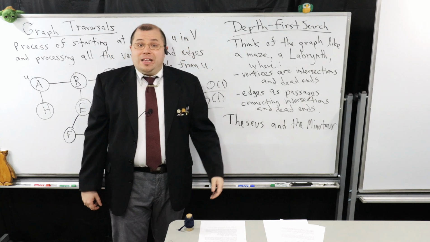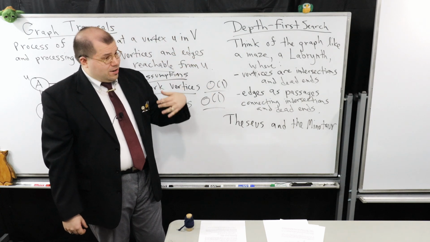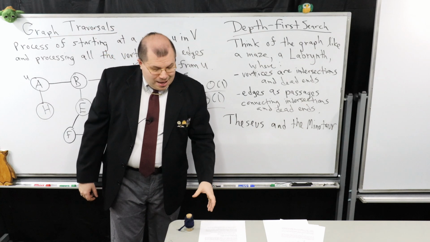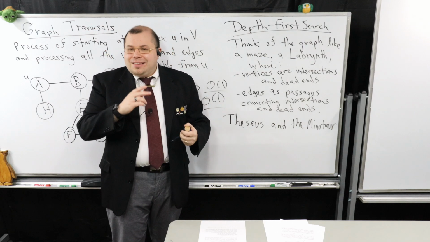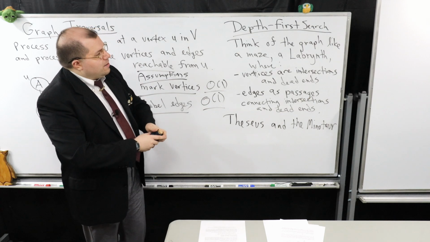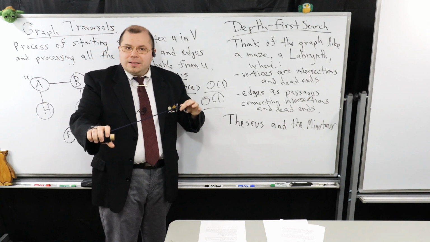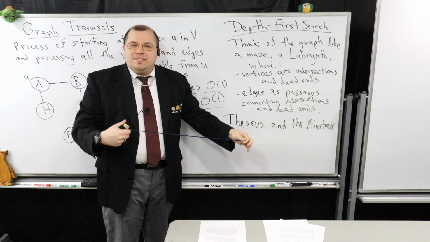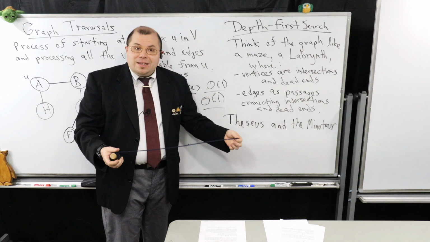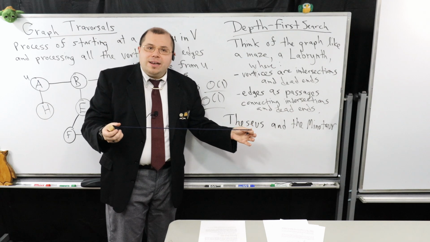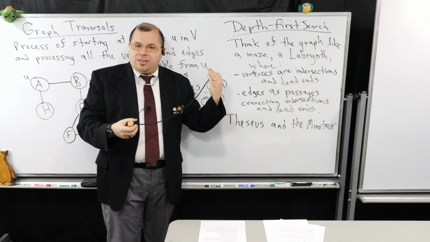Now in his journey he runs into King Minos' daughter, Ariadne, and in the story Ariadne gives Theseus a ball or spool of thread, and what Theseus is instructed to do is to use this thread to help navigate through the labyrinth.